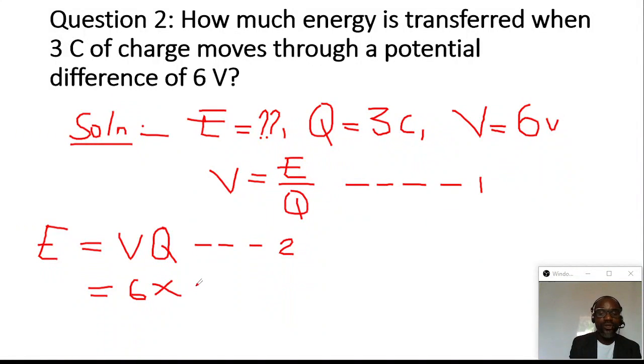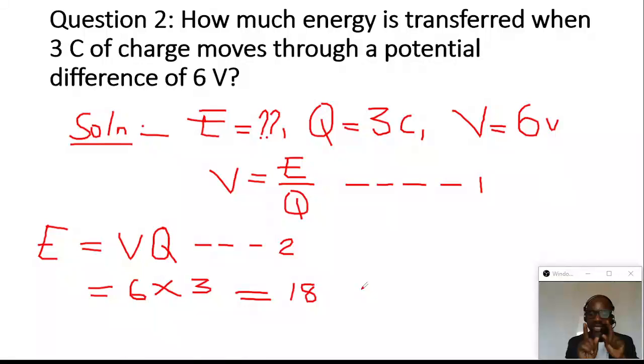Q is 3, we write 3. Very simple. The next thing we need to do is multiply 6 by 3, and what it gives us should be 18. Good. 6 times 3 is 18.